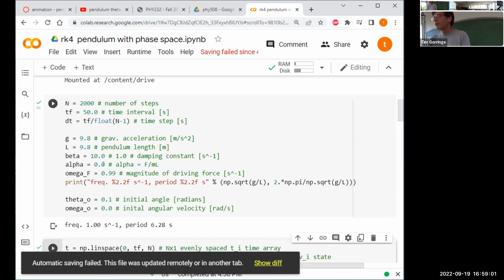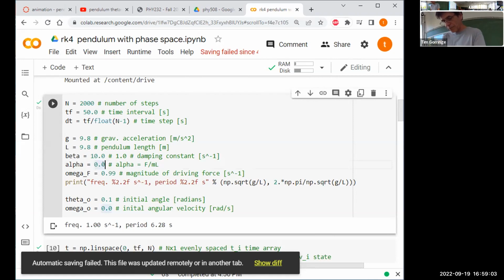But anyway, I'm going to put in a value of alpha 1.5. There's no special reason for 1.5, but if I put in a number around 1, that means the scale of the driving force is the same scale as the restoring force.